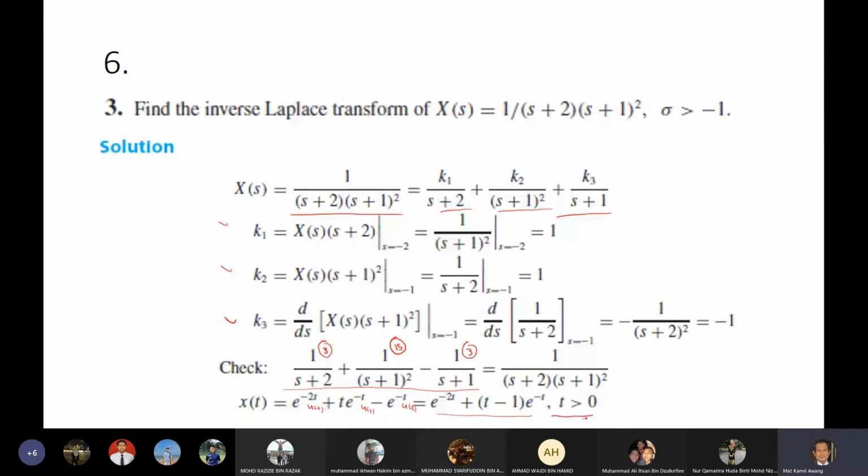For t less than 0 it is 0 because u of t is 0. If you don't write u of t here, you have to write t is greater than 0. If you write u of t, I understand what it means, so you don't have to write t greater than 0. Okay?